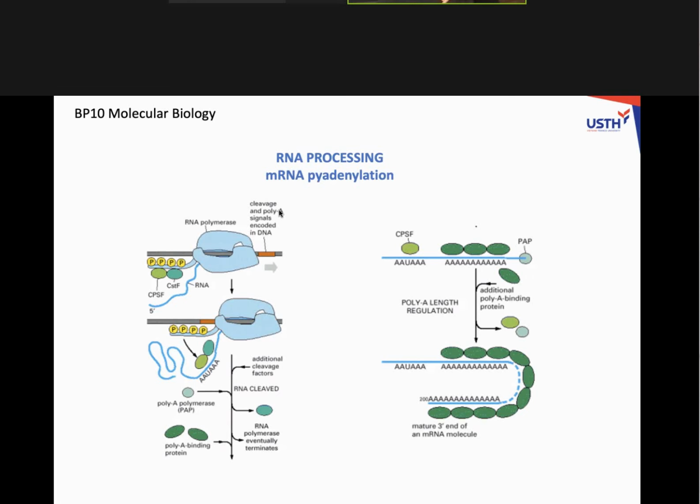This is the important point I want to talk to you about. It's going to be implicated in the cleavage and the polyadenylation of the RNA. It is encoded in the DNA, but the action of this DNA sequence is not happening at the DNA level. I'm explaining myself. The polymerase is polymerizing. It arrives at this sequence.